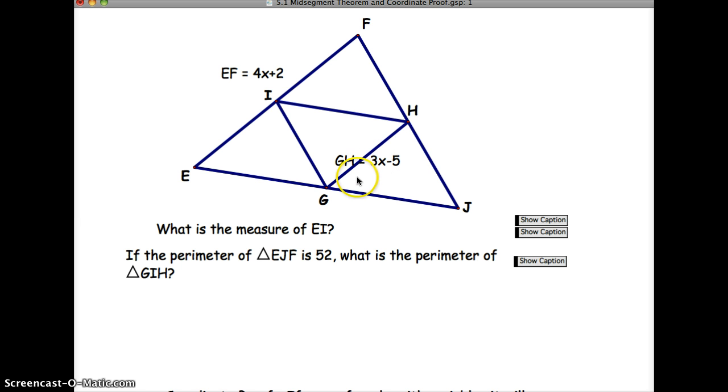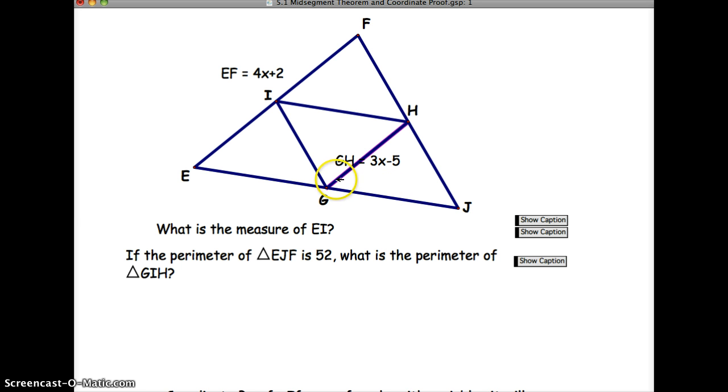So how does GH relate to EF? Well, if this is a midpoint and this is a midpoint, and these are connected, which we can assume for this particular set of notes, H is the midpoint of FJ, and G is the midpoint of EJ.